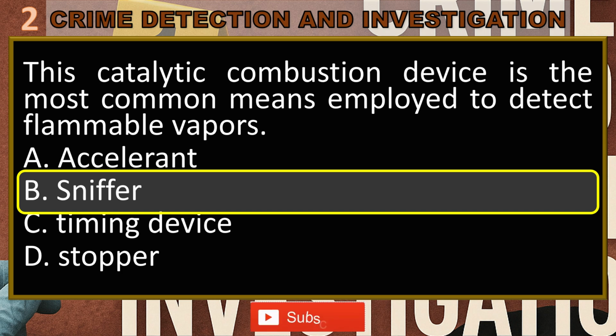Definition: a tool used to delay the start of a fire. Why incorrect? It has nothing to do with vapor detection or catalytic combustion. D. Stopper. Definition: an object used to seal a container. Why incorrect? It is completely unrelated to fire investigation or vapor detection. Final answer: B. Sniffer.